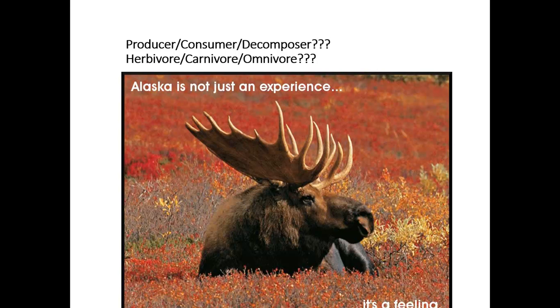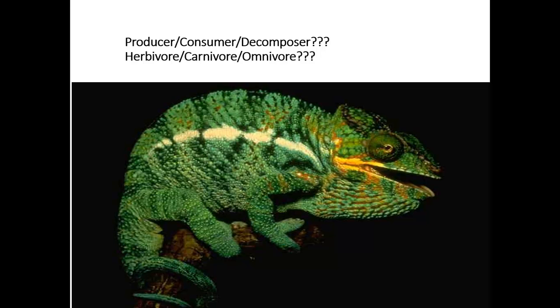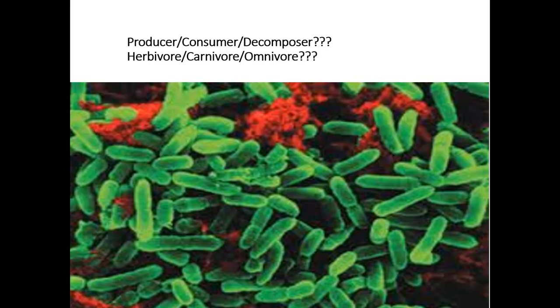This is a moose. It is a consumer. It is a herbivore. This is a chameleon. It is a consumer. It is a carnivore. This is bacteria. It is a decomposer. And the other question does not apply.